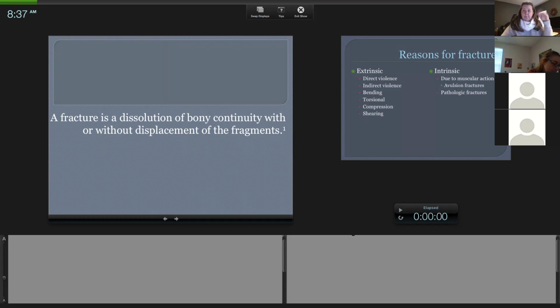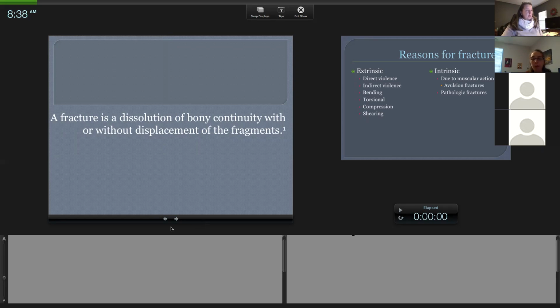If you see any break or any disruption in the contour of the bone, then that is some type of fracture. But we're going to talk about pieces that are either still in a line, like if this is a break in a bone, this is aligned. If I have a piece over here that is out of alignment, okay? So a fracture can be broken but still together, or it can be displaced.